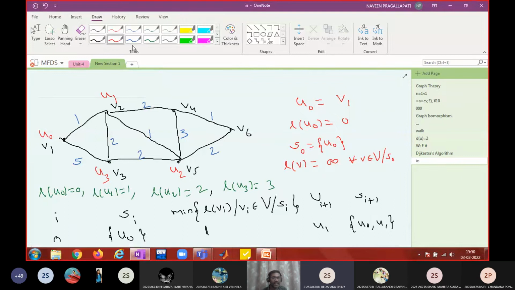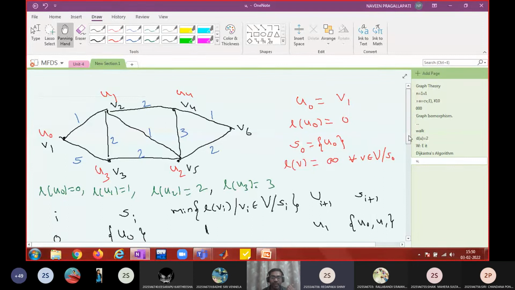I will call this U4, because V4 is nearest to V2 and the V2 weight is already U1. So 2 plus 1 is 3. That is the minimum compared to all other vertices, so I will call this U4.